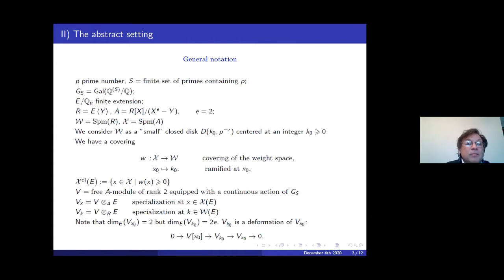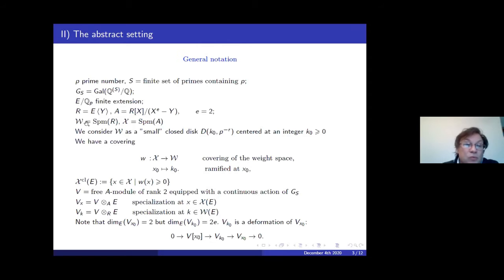Fix some finite extension of QP, which will play the role of coefficients field, and consider two simple affinoid disks. So first two affinoid rings R and A, and we consider the corresponding affinoids W and X. We will always see them as closed disks.